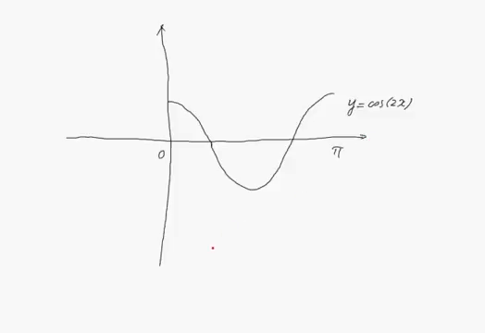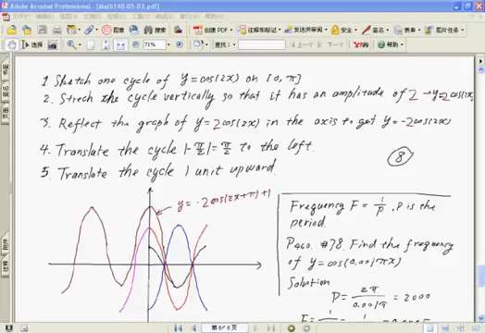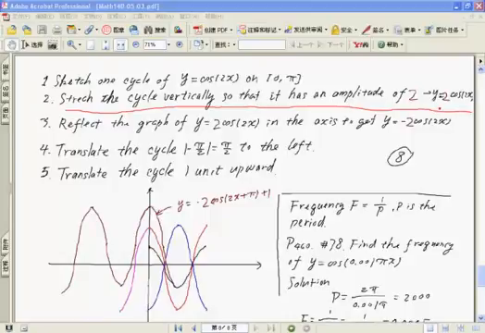Now, step 2, we need to stretch this cycle vertically so that it has the amplitude of 2. And then we get the graph of y equals 2 times cosine of 2x.